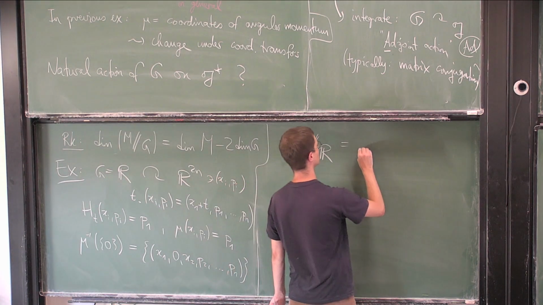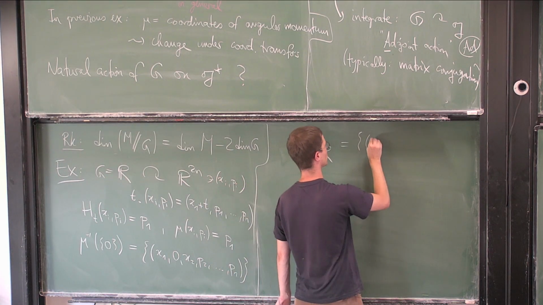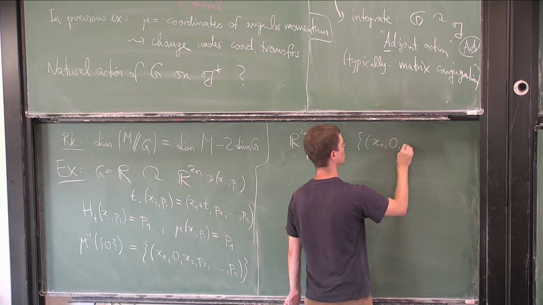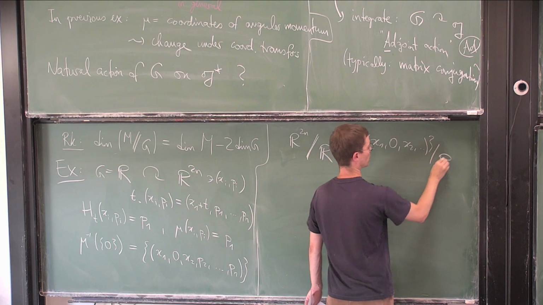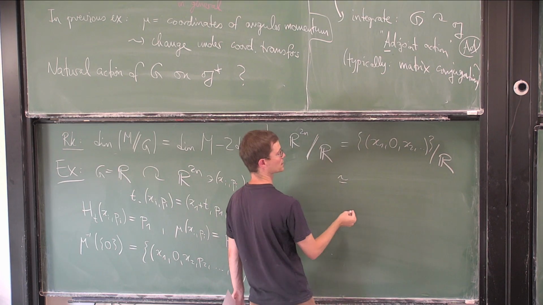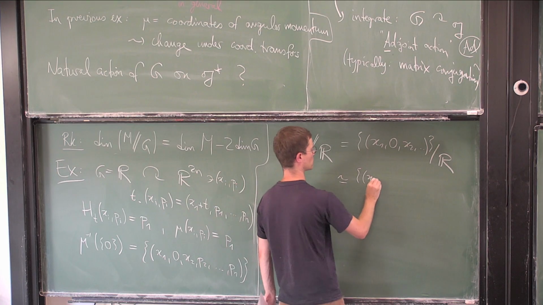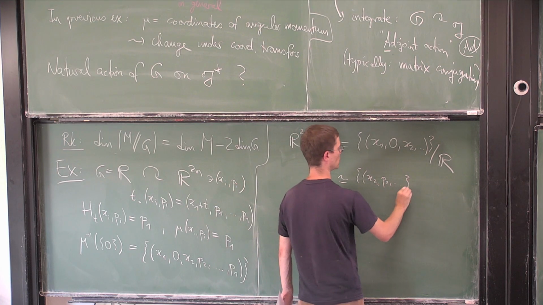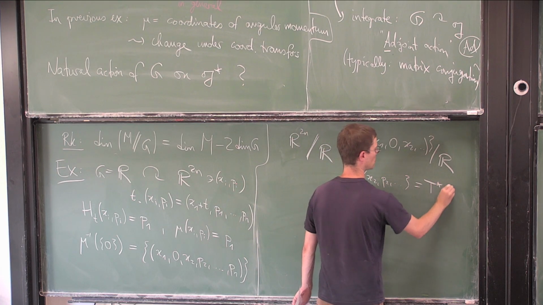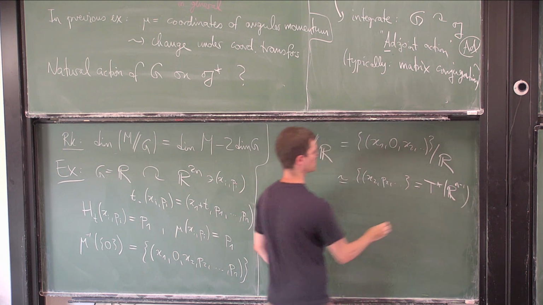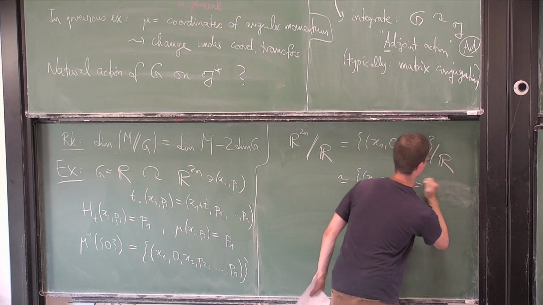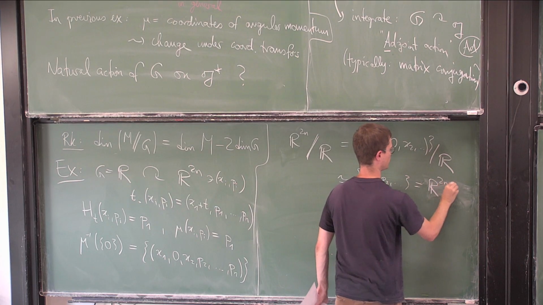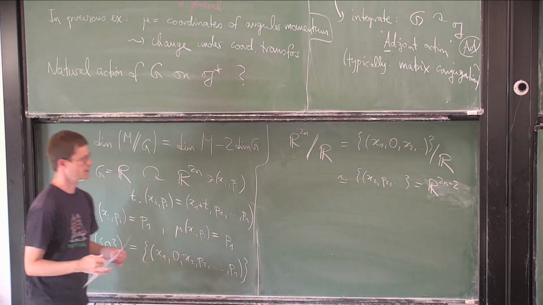So it's like (x_1, 0, x_2, p_2, ...) quotiented by R. And then I can identify it with the space of x_2, p_2, and so on, which is T star of R^(n-1), that is, R^2n minus 2.